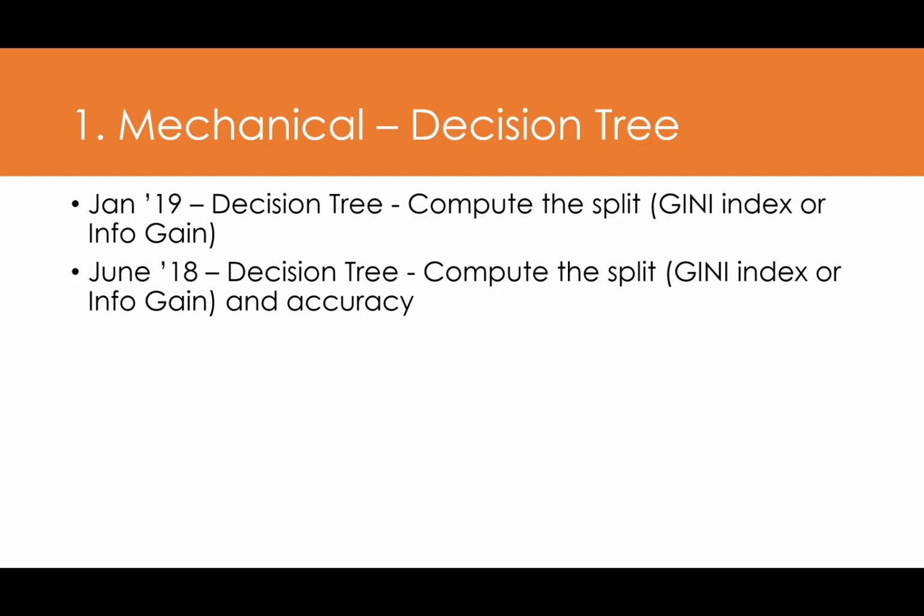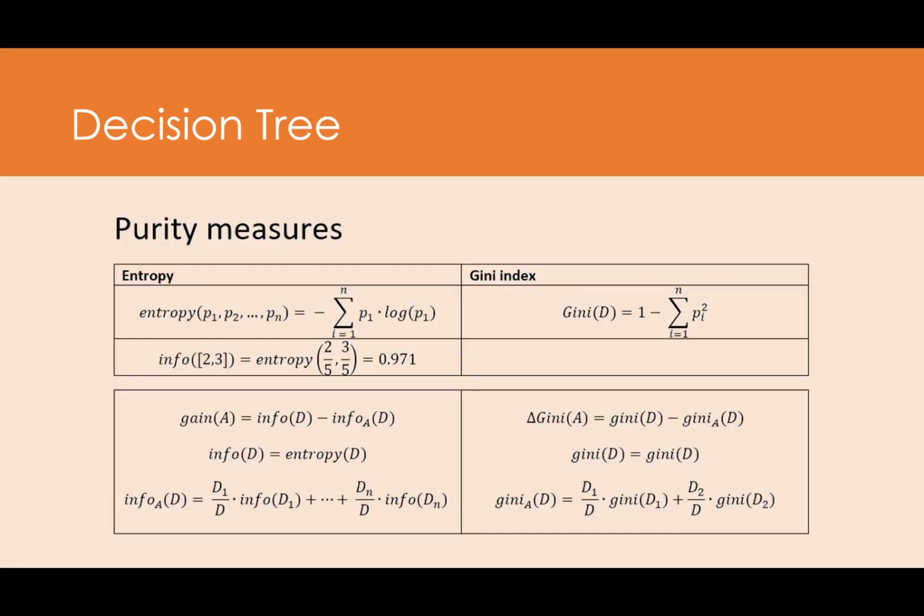In the last exam, we had to decide the best attribute to split, so we have to compute the info gain for each attribute. There are two, as you know, purity measures that are the entropy and the Gini index, and here you can see the process summarized.